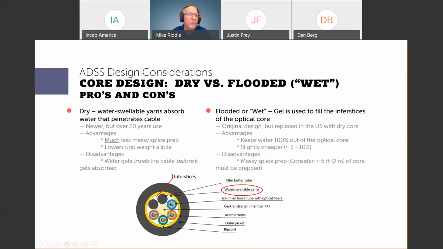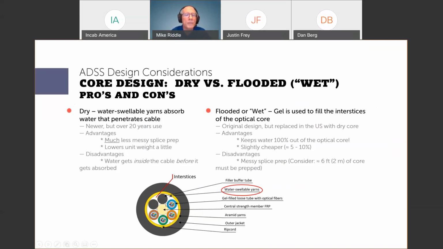And maybe somebody wanted a 48 fiber cable. So you would have four tubes and then two filler rods. These are usually made of plastic, like low density polyethylene, or could be something else as well.